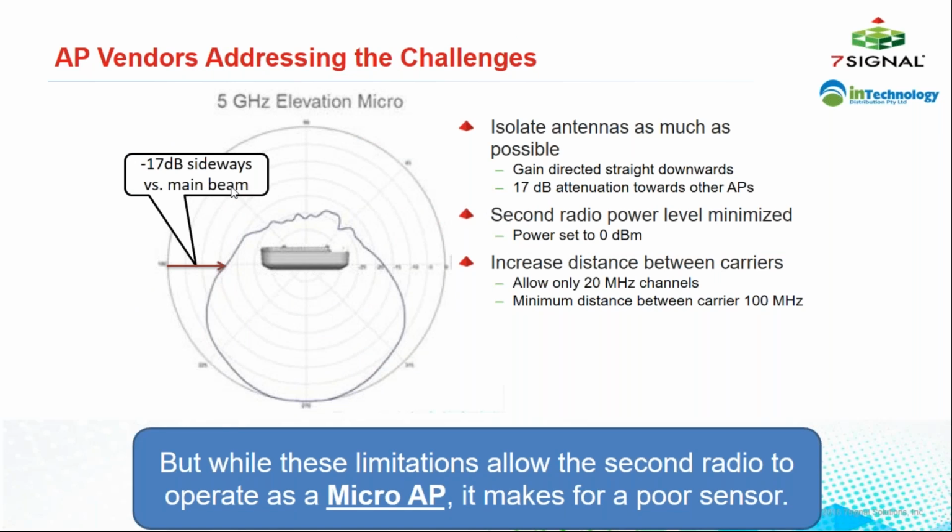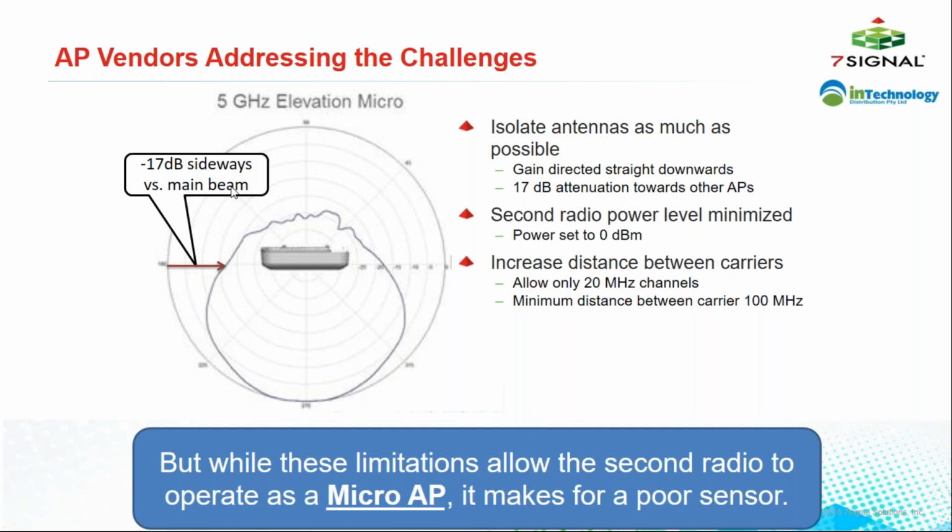As you can see, they changed the antenna pattern of the second radio inside that access point, so that instead of going very far out, it's more of a pointing-down pattern. And by creating that microcell, now those two radios will interfere less with one another.